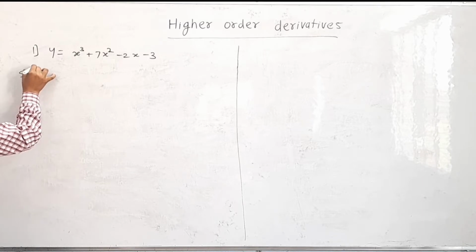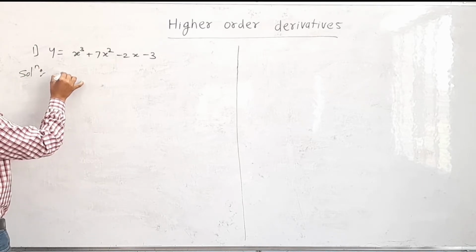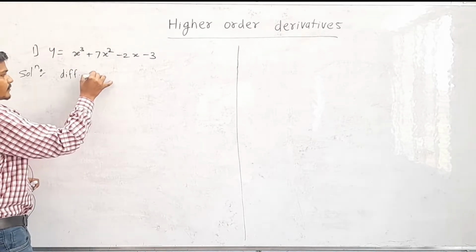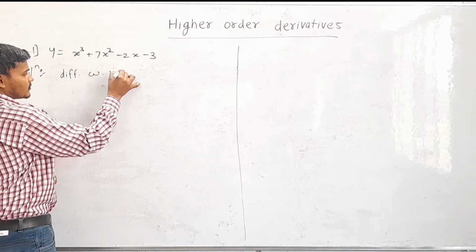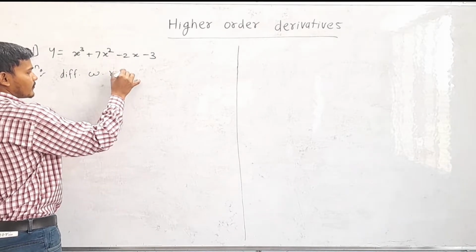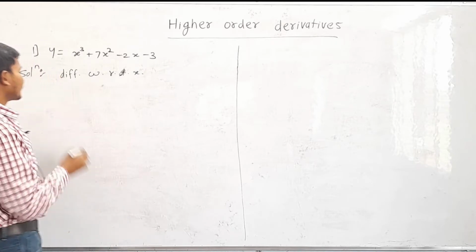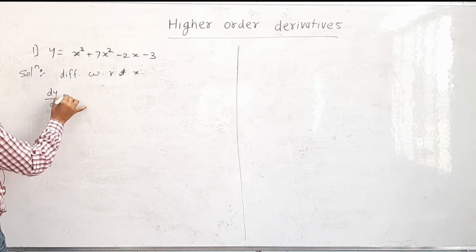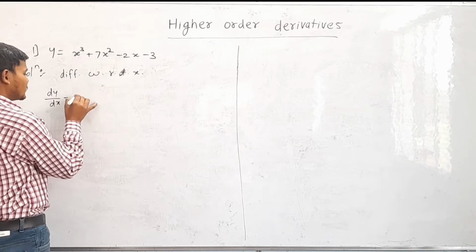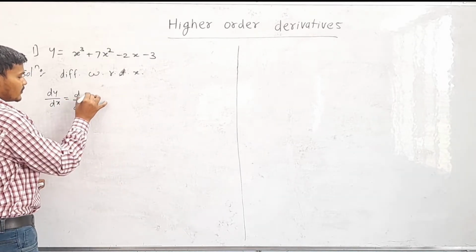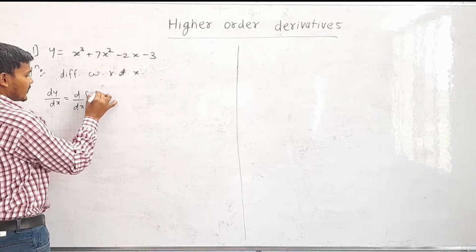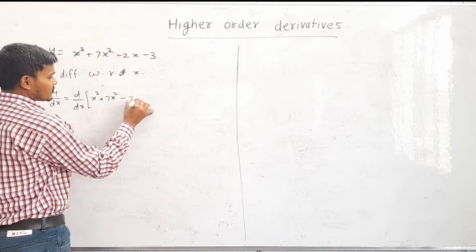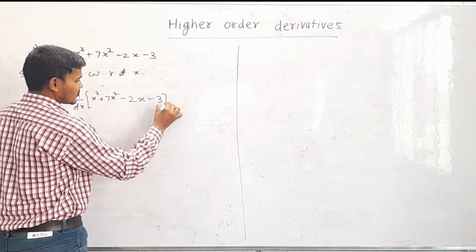Solution: differentiate the given equation with respect to x, we get dy by dx is equal to dy dx of x cube plus 7x square minus 2x minus 3.